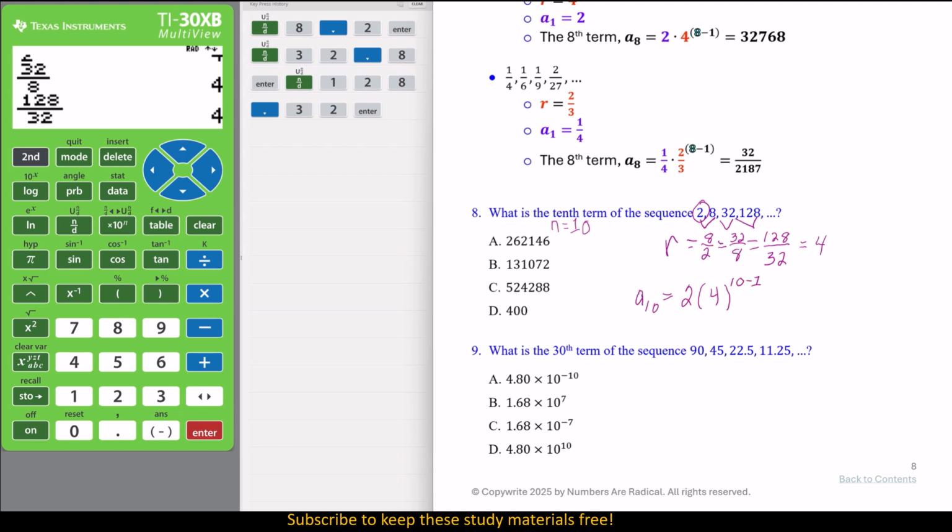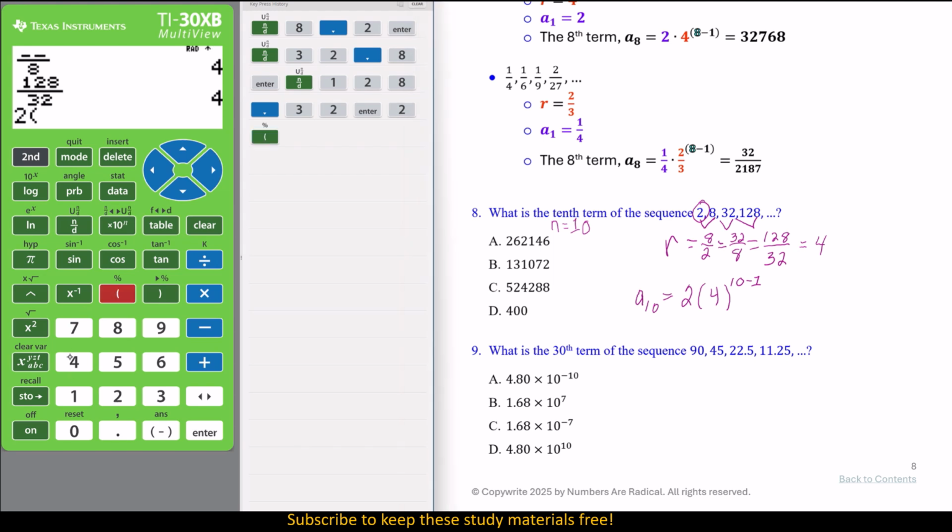So we just need to put that in the calculator, okay? So 2 in parentheses, 4. I can close my parentheses, or I can go ahead and say caret up 10 minus 1. And yes, I know that's 9, but I have a habit of, because I get tired, during a test, my habit is to put in the calculator basically what I see.